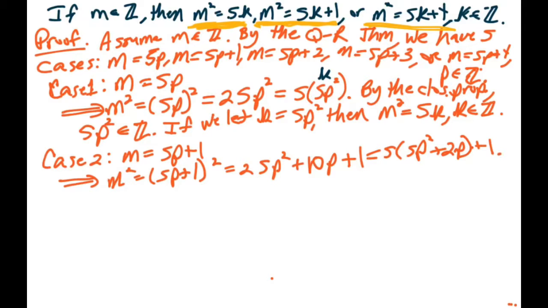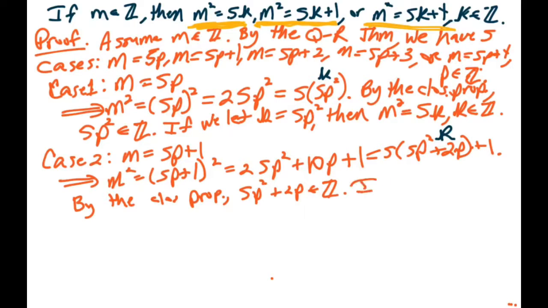And so now we see that this is a very similar kind of argument here. I need to figure out what my k is, and my k is going to be what's in parentheses right here. So I just need to argue that what's in the parentheses is indeed an integer. All right, so just like before, we'll say by the closure property, 5p squared plus 2p is an integer.